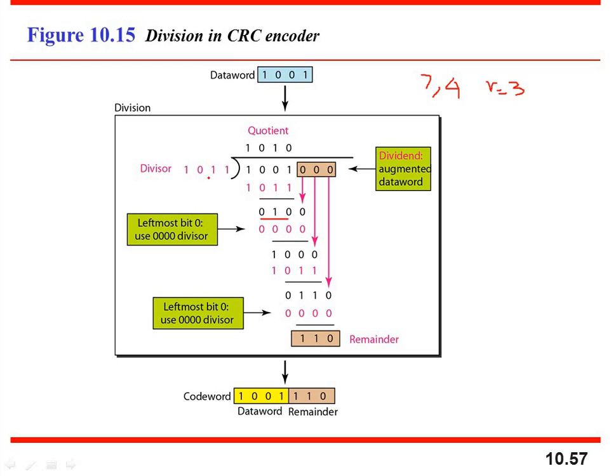So 0 into all these elements becomes 0000. You eliminate the first bit because 0 XOR 0 is not considered. Now you start with this one: 1 XOR 0 is 1, 0 XOR 0 is 0, 0 XOR 0 is 0. So you will get these 3 bits.